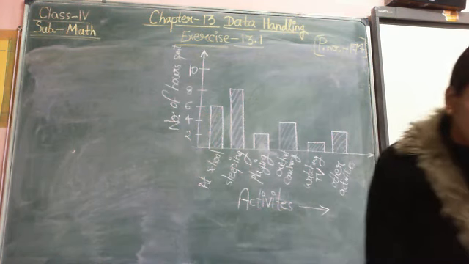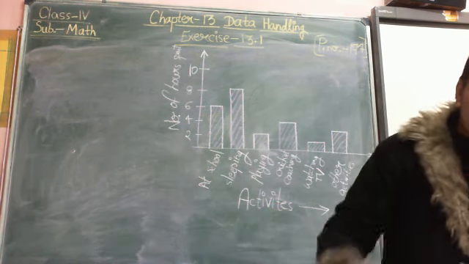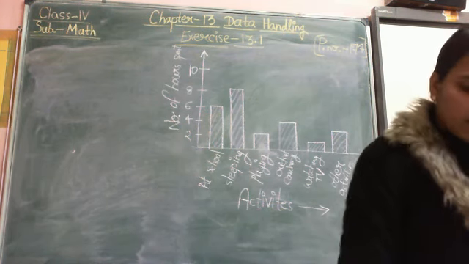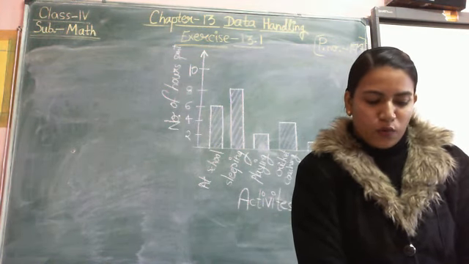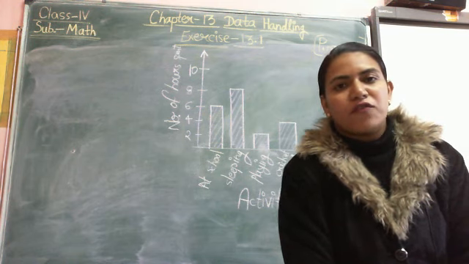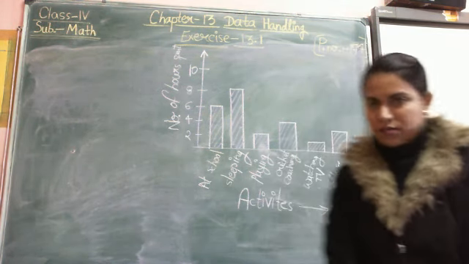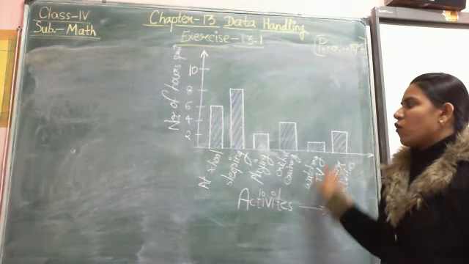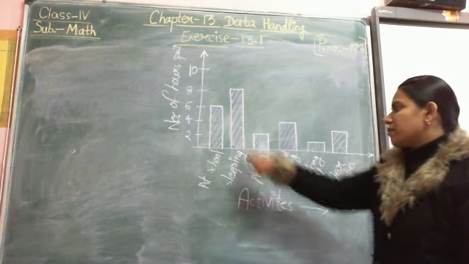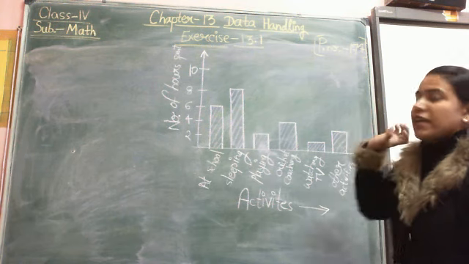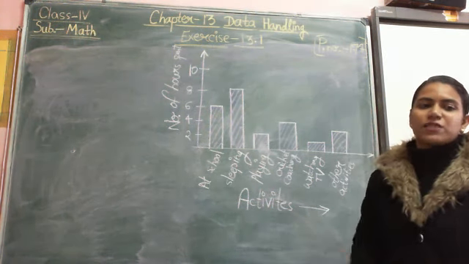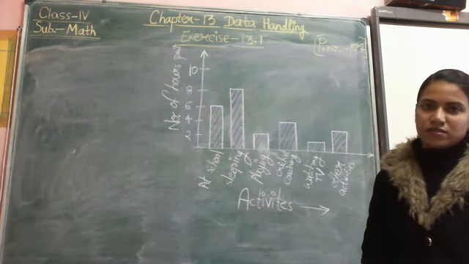Now let me read question number 1, part A. On which activity does Rohan spend the maximum number of hours? By observing all these activities: at school, sleeping, playing, cricket coaching, watching TV, other activities, in which activity does Rohan spend the most hours?